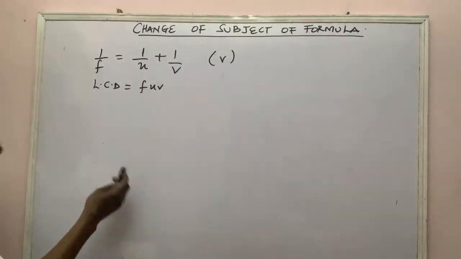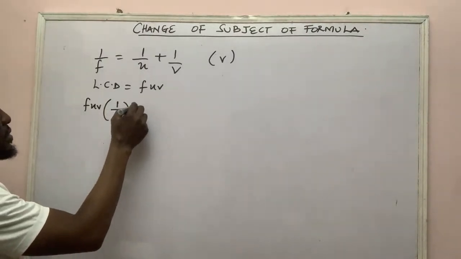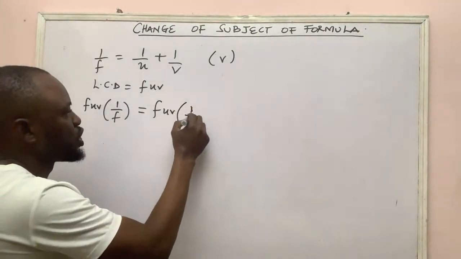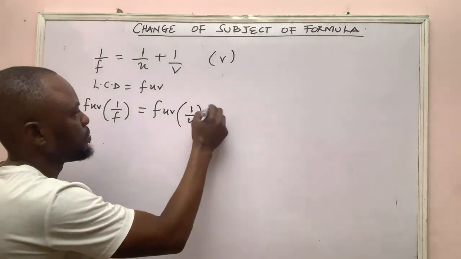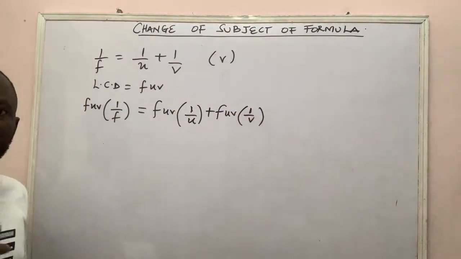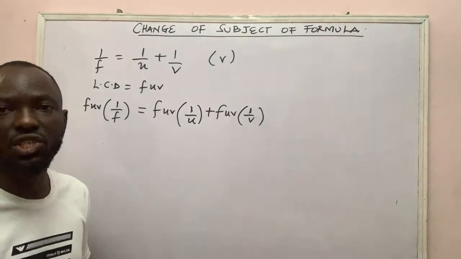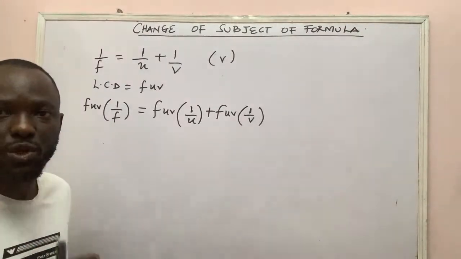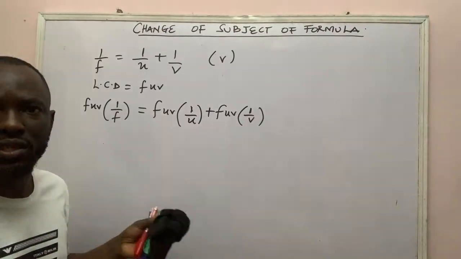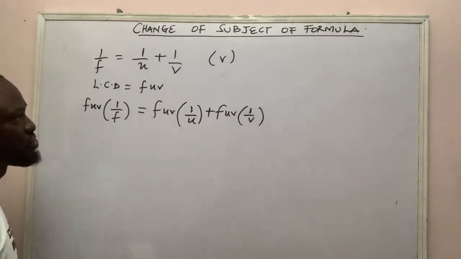This will give rise to FUV multiplied by 1 over F equals FUV multiplied by 1 over U plus FUV multiplied by 1 over V. You multiply each term by your LCD because we want to change the orientation of the question from the fractional form to a linear form, a straight form where we have the equation in a straight line.